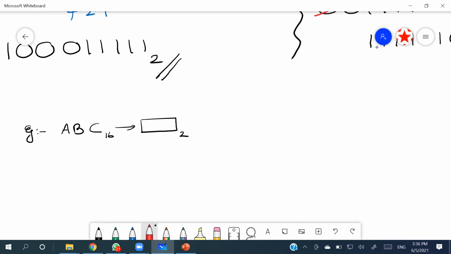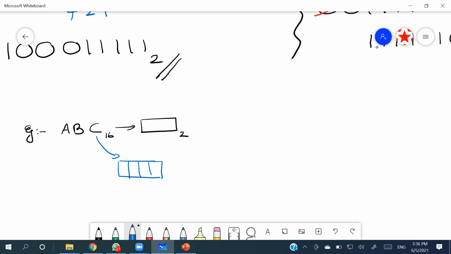So it is easy again. All we have to do is, when we were converting it to octal, we wrote a particular character in 3 bits. Here we are writing it in 4 bits.